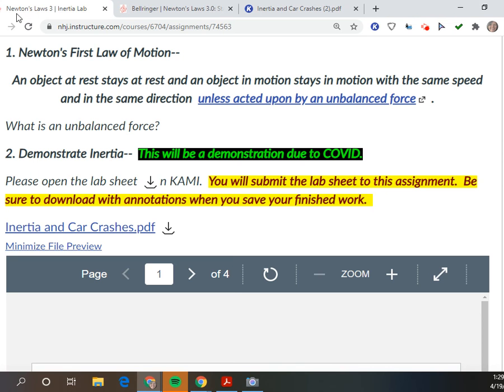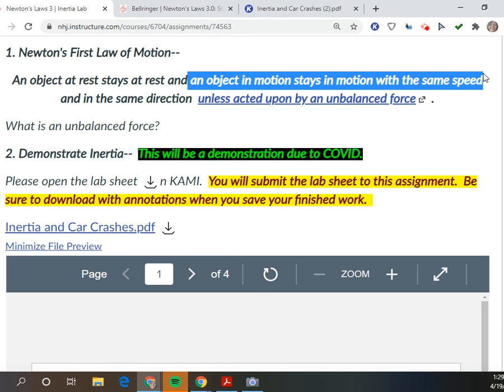if I look at the first law, an object at rest stays at rest, and an object in motion stays in motion with the same speed and the same direction, unless acted upon by an unbalanced force. And it says the same speed.